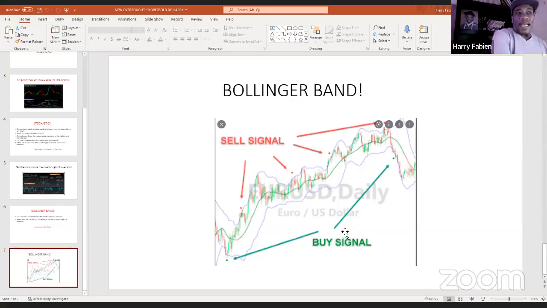Whereas the buy signal is whenever it goes down, down, down, down, and one of the candles gets out, it's time for you to buy. You see, after it runs all the way down, people sell, panic, and they start going down, down, down. And those candles, you see, are outside of the Bollinger Band, outside of the line here.